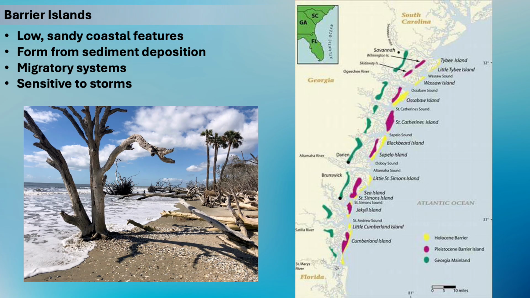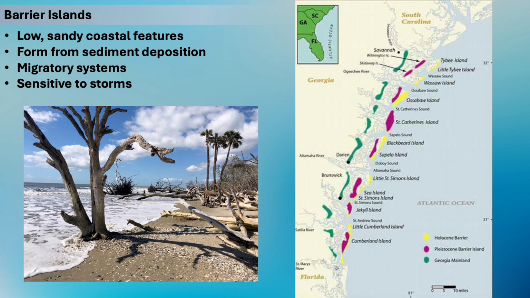During storms, waves can overtop the island, carrying sand from oceanside to the back barrier lagoon. This process is called overwash and is routinely seen when hurricanes pass through. Over time, overwash causes barrier islands to migrate landward.